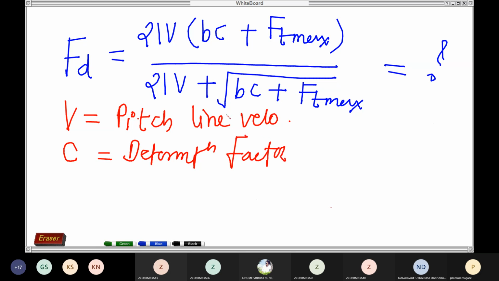Capital C, it is called the deformation factor. Correct? Now the rest of the terms you know. Small b, face width, you can write again, no problem. Small b is nothing but face width. The rest of the things you know very well.